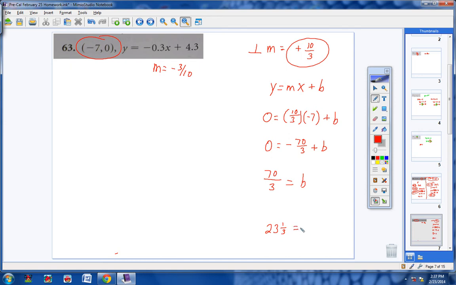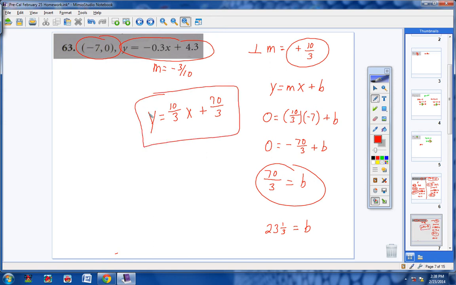That would be the same thing. I have no problem with that. Either one of these two are the same. So we know what the slope is. We know what the y-intercept is. So my linear equation that is perpendicular to this linear equation is y equals, my slope is 10/3 x plus 70/3, or plus 23 1/3.